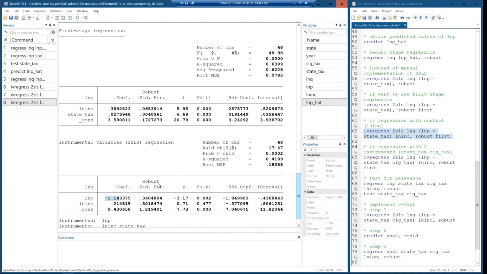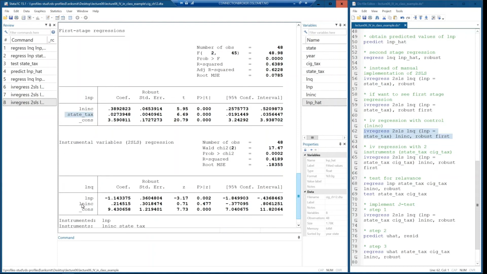In our model, we have one endogenous variable and one instrumental variable, but we can use more than one instrumental variable.